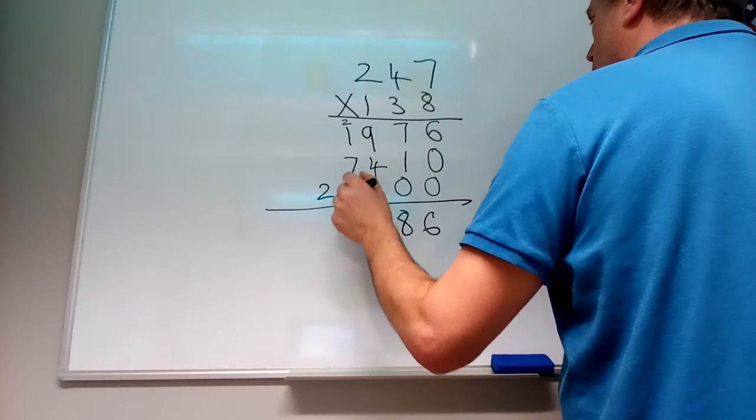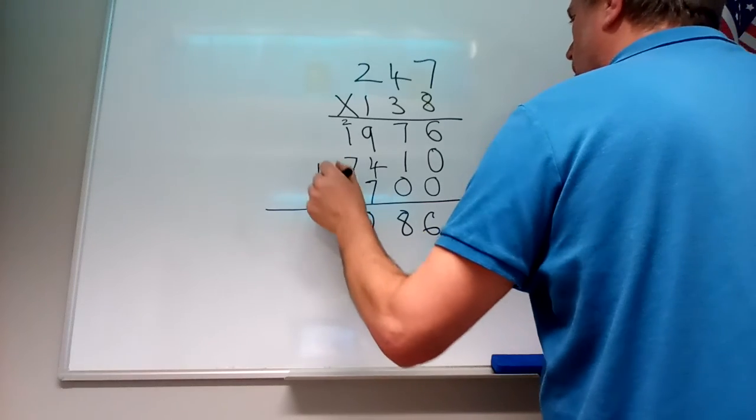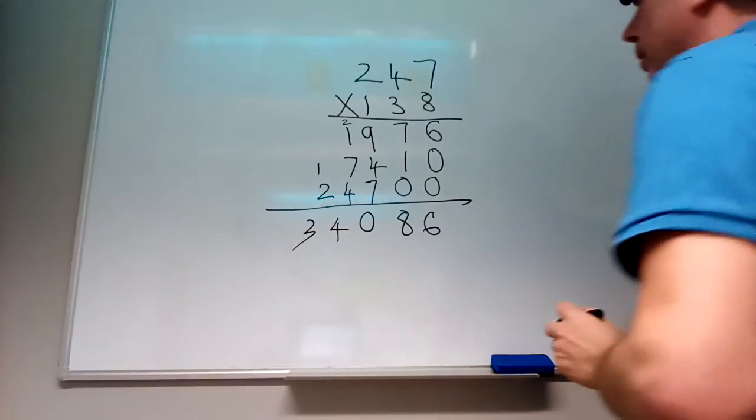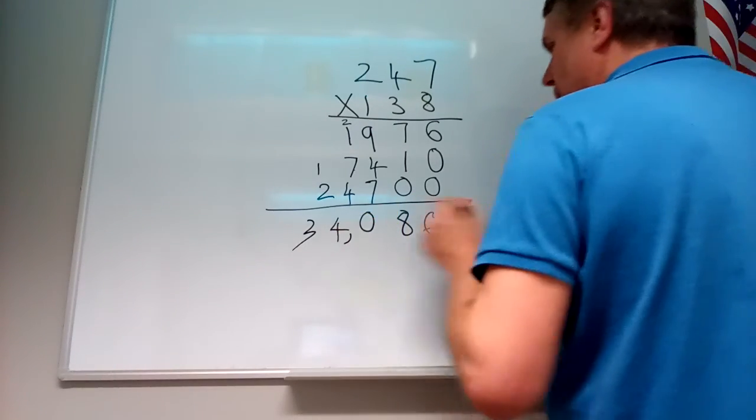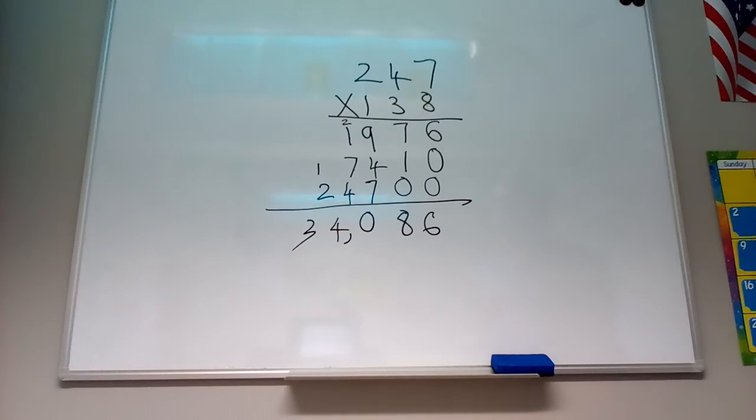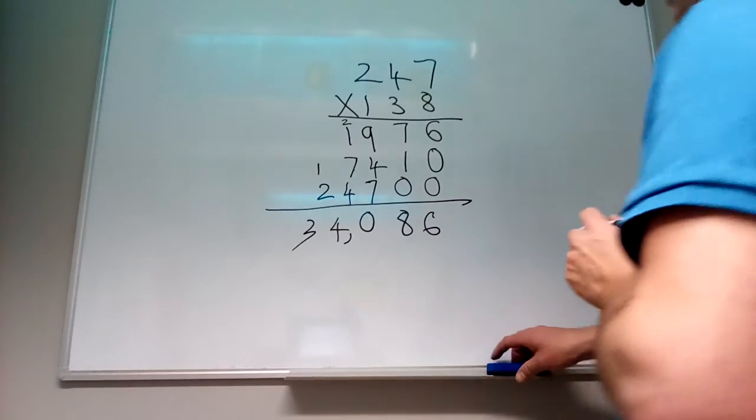Plus the 4 is 14, we'll put a 4, we're going to carry the 1, and that'll be 3. Okay, and then we want to go through to our comma, because this is a really big number, so we can read it easier, and notice that it's 34,086. Okay, let me show you one more of those, and we'll be through.